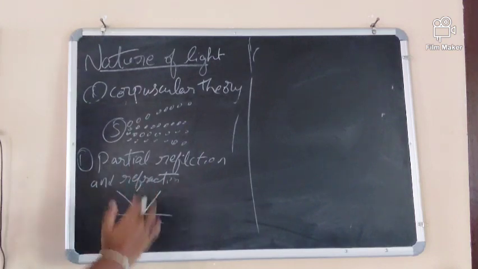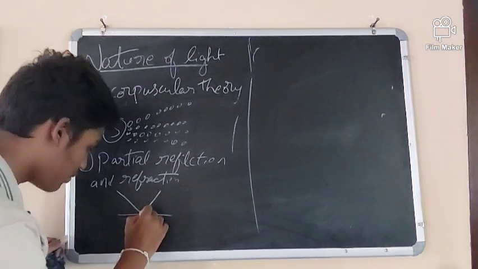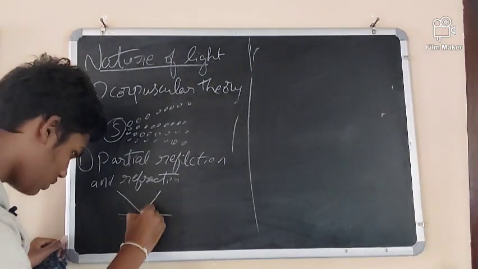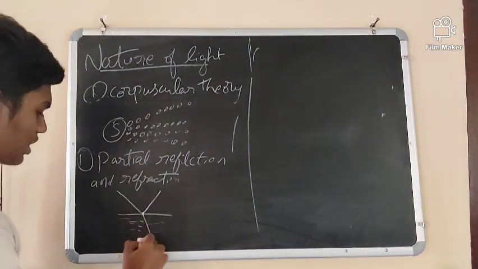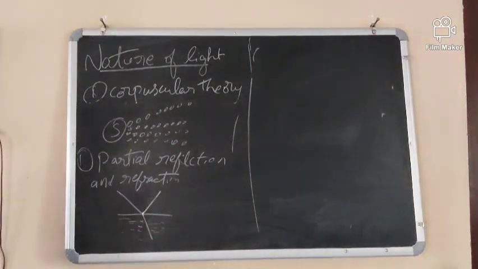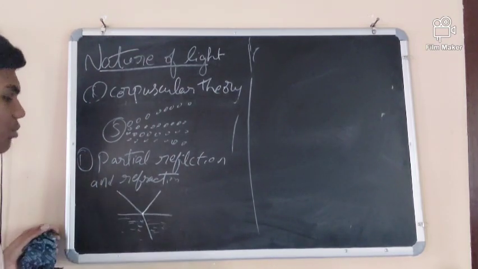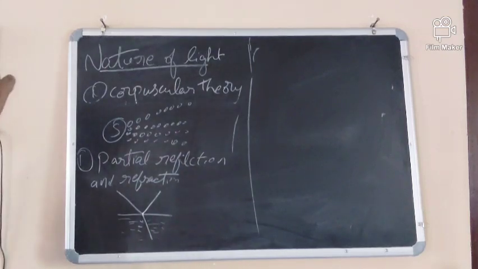When it reflects, some light particles also refract, because they are two different mediums, right? So some particles undergo refraction and some reflection. He did not explain why both reflection and refraction happen.